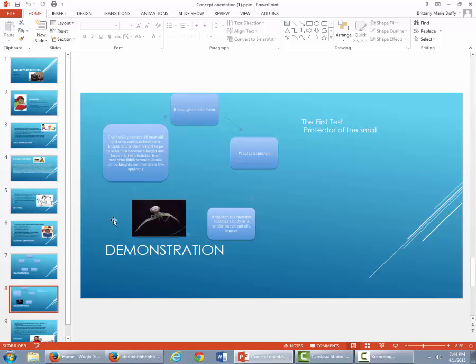But you can tell from my summary that I understood what the book was about, and I put in some key points of what the girl went through in the book. She faced obstacles. She wanted to be a knight. She was facing obstacles from many different areas. I had a question that I answered and drew a visual of, and in the beginning I was accessing background knowledge. Now, this would be done throughout the book, and like I said, this is just an exaggeration from beginning to end.